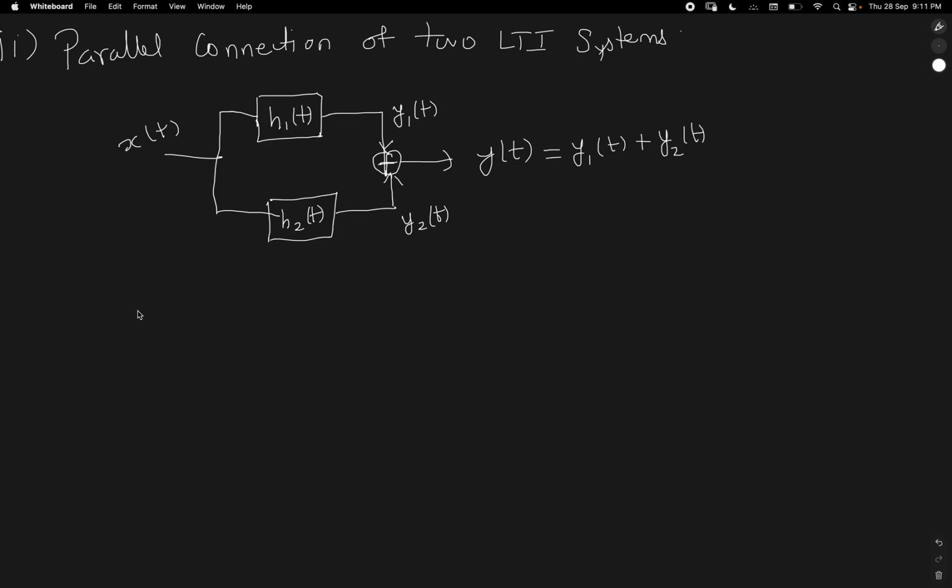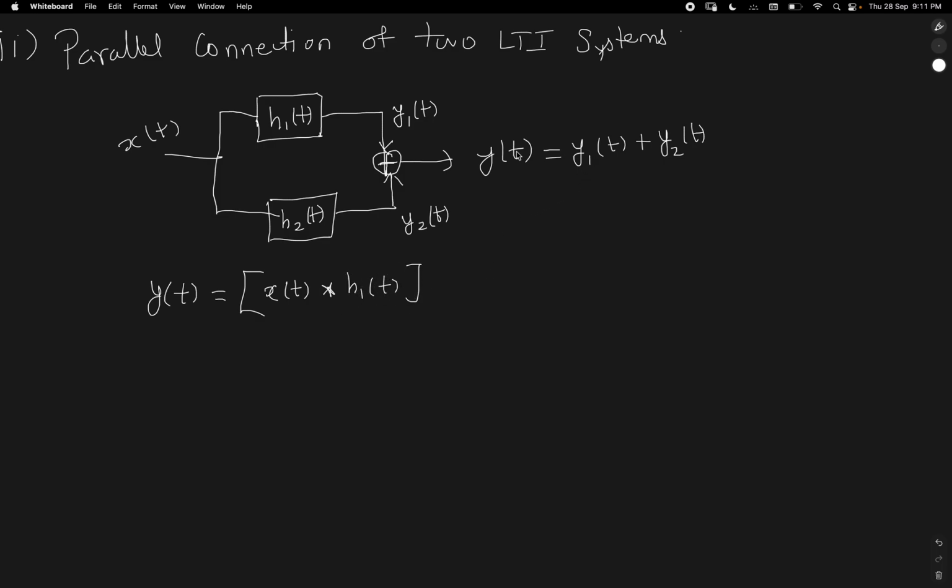Let us consider the overall output. As you know, y of t equal to y1 of t plus y2 of t, and y of t can be represented in other form in terms of the input and impulse responses, and it will be x of t convolution h1 of t.